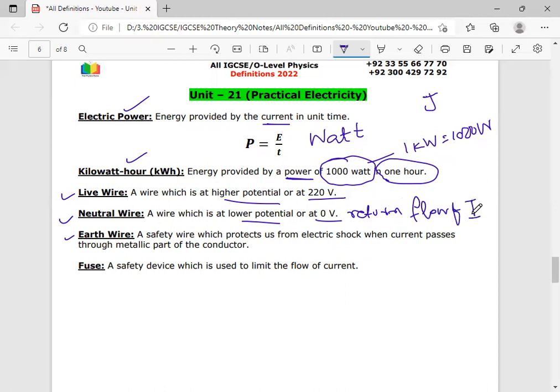Definitely current flows from higher potential to lower potential. The third wire is the earth wire, a safety wire which protects us from electric shock when current passes through the metallic part of the conductor. What is a fuse? A fuse is a safety device which is used to limit the flow of current, and its symbol will be like this.